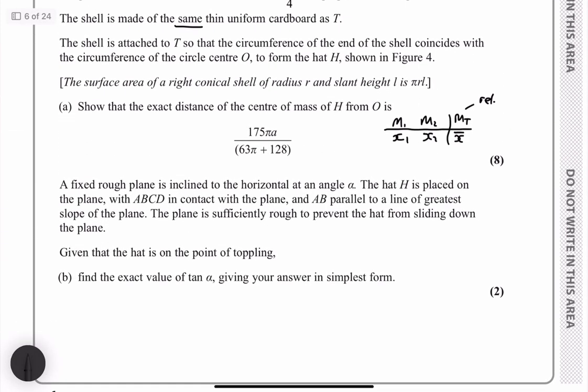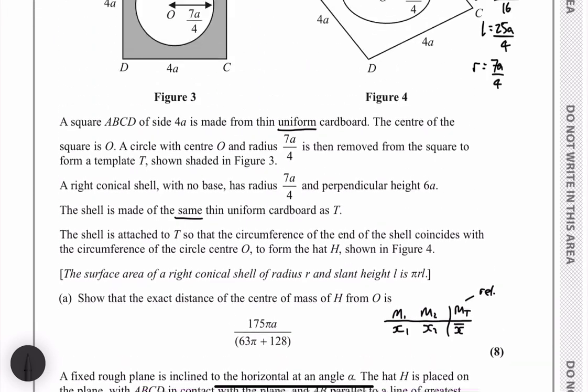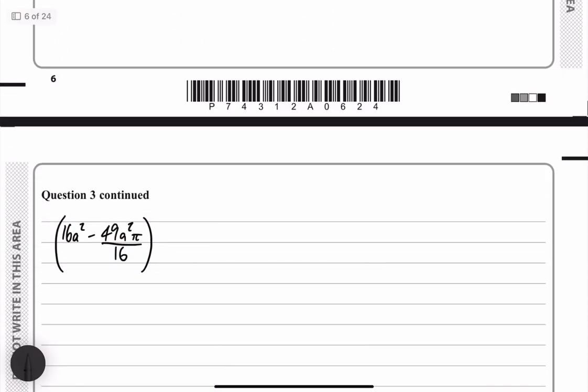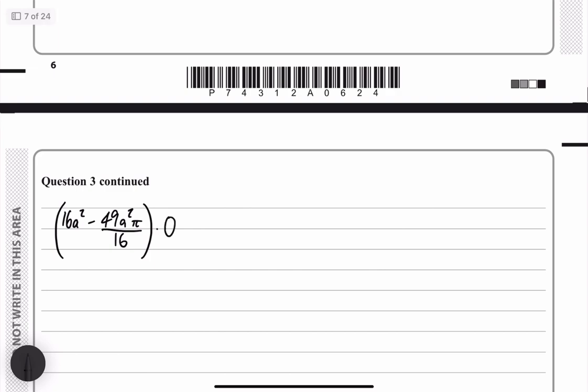We're going to have that here, and that needs to be multiplied by the coordinate of the center of mass from O. But if we look at this hat on the right here, we can see that the center of mass of that is going to be at O. So the distance there is 0. That's very nice. That will help when we evaluate this.